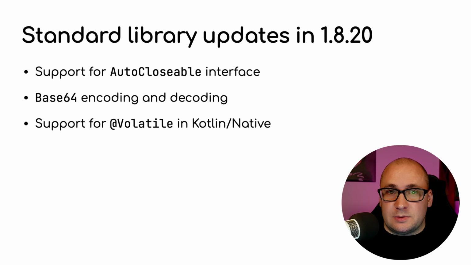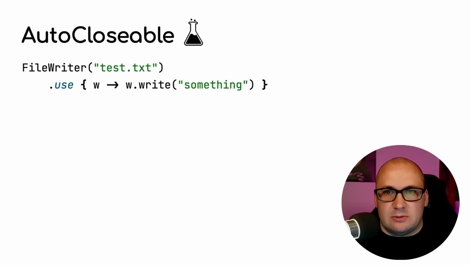Some new features were added to the standard library as well. The AutoCloseable interface is added to the common standard library so that you can use one common interface for all the libraries to close resources. In JVM projects, this interface is an alias for java.lang.AutoCloseable. The new AutoCloseable interface is experimental and you need to opt in to use it.